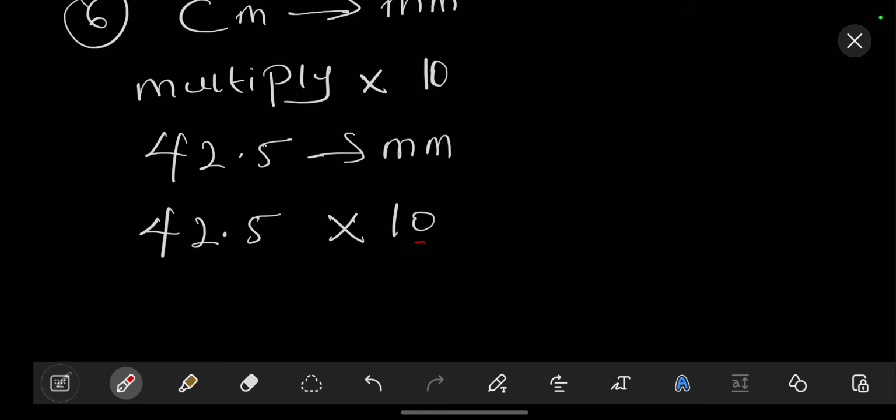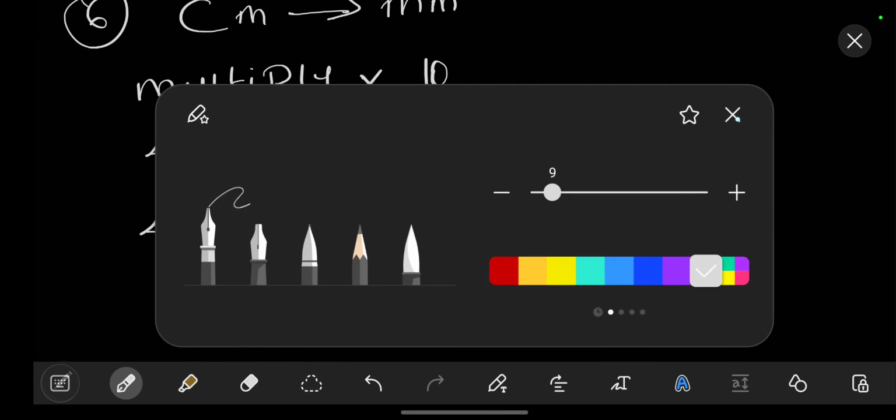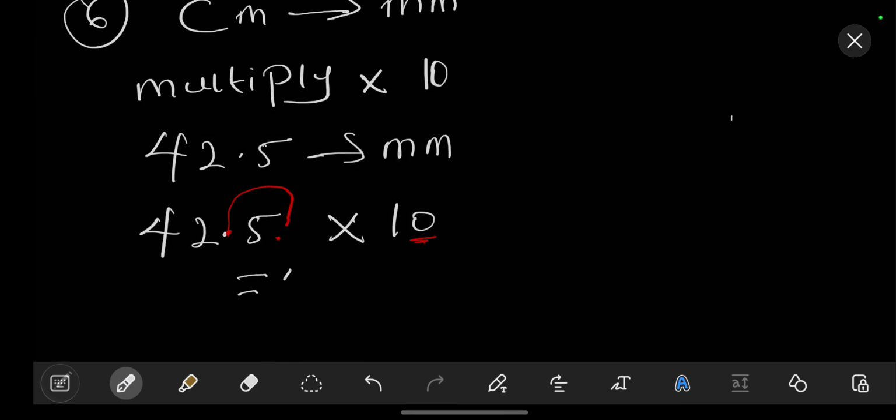In this case, we have only one 0, so it means we're moving only one place forward. This decimal comes from here and it goes to here. So if you do that, you have the decimal here. In this case, you don't have to add a 0 again. You simply have to write 425 millimeter.